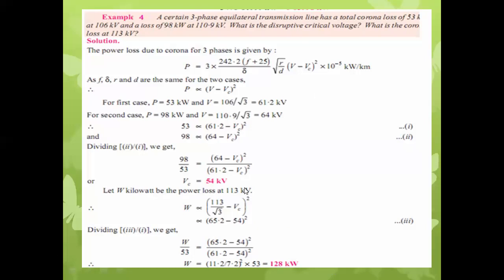Yes, am I audible? Okay, I hope. Yes sir, okay. Simple, it is a mathematical calculation. Do it on your own, and you will finally get Vc is equal to.